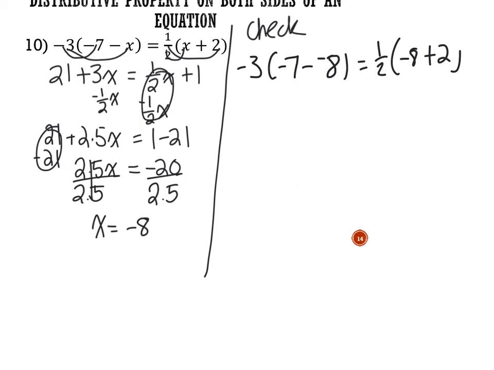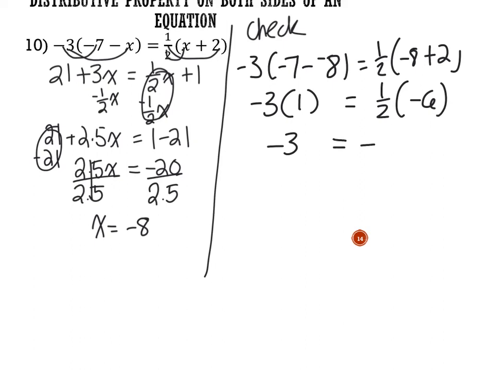So negative 7 minus negative 8, I'm going to do my parentheses first, equals negative 3 times 1, which equals negative 3. Negative 8 plus 2 equals 1/2 times negative 6. So negative 6 times 0.5, or 1/2, equals negative 3. My answer checks out. X equals negative 8.